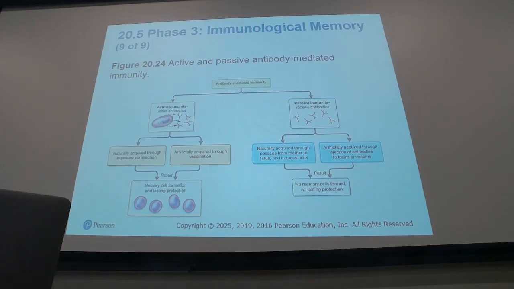If you were vaccinated, this is called artificial active immunity. If you had the disease, this is natural active immunity. So active is always making your own antibodies: natural when you had the disease, artificial if you were vaccinated.